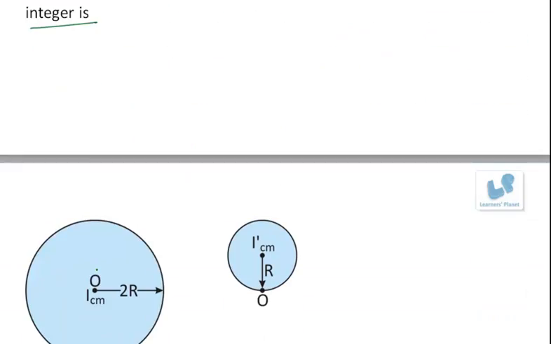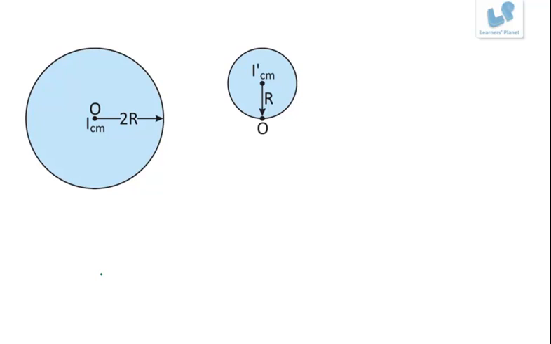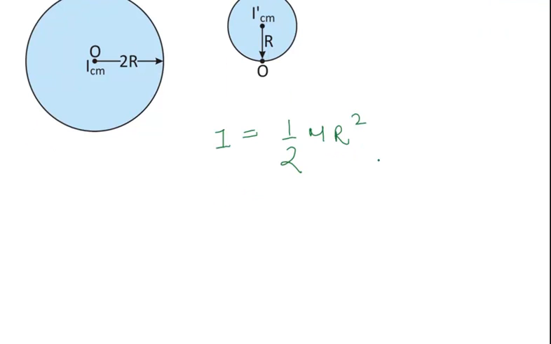Okay. Now in this case, first let us find the moment of inertia about point O by the difference method. Let us say the solid disk is present, then its moment of inertia will be given by half m r square. This is the generic formula. Let the mass of the smaller one be m, then the mass of the bigger one will be 4m, because the radius is twice.